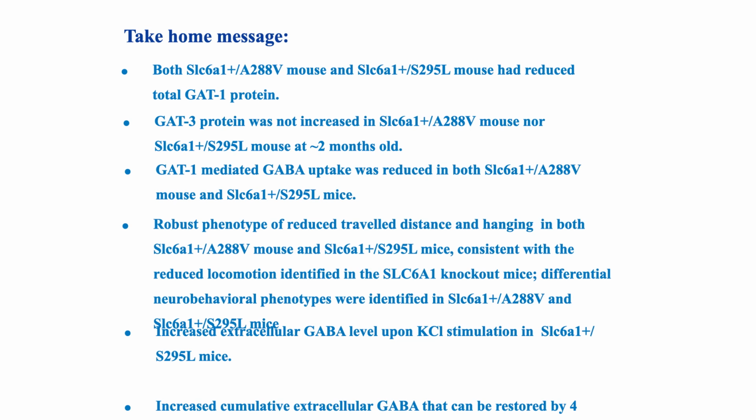Later on, Corey and Melissa did brain slice work, which we are not showing today, but I think we are confident the overall GABA uptake in the brain is reduced. We see a robust phenotype of reduced travel distance and hang in both mouse models, and we are also able to see subtle differences at later stages. We found increased GABA level upon potassium chloride stimulation in Maxwell's mouse model, but have not seen a clear response in Charlie's mouse. We found increased cumulative extracellular GABA, which can be restored by 4-phenylbutyrate. So this is very assuring.